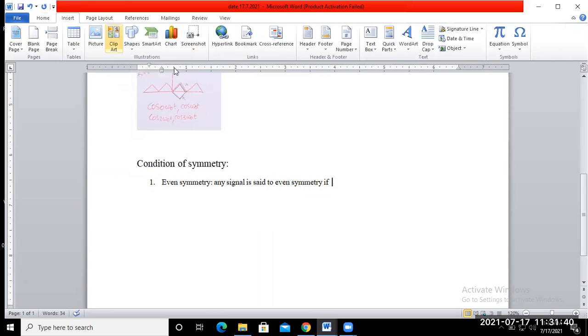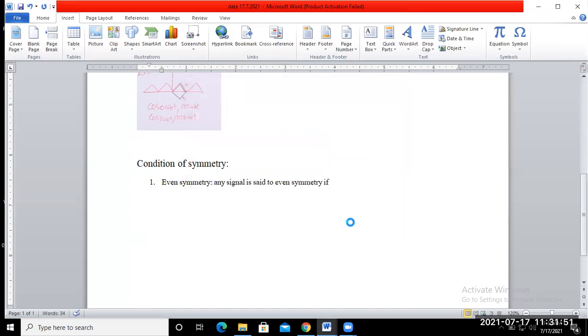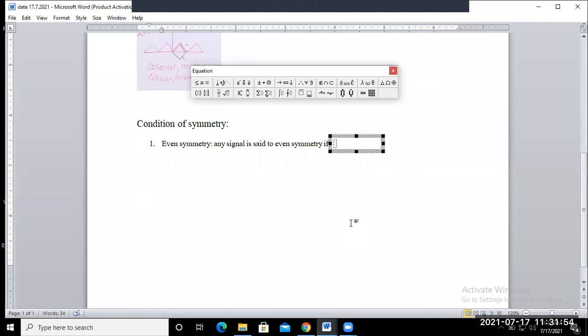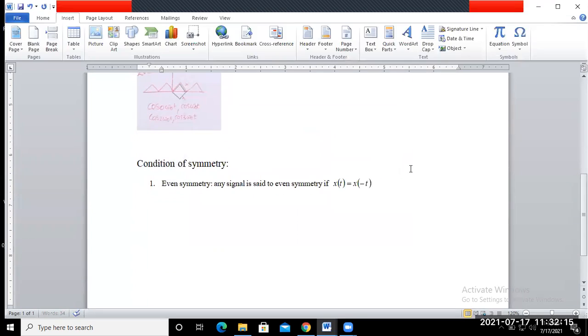So write down x(t) equals x(-t). This is the condition for even symmetry.